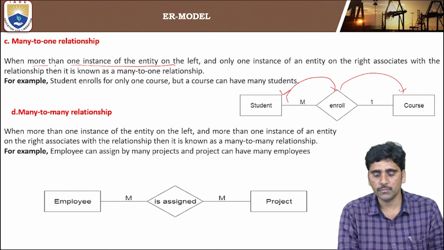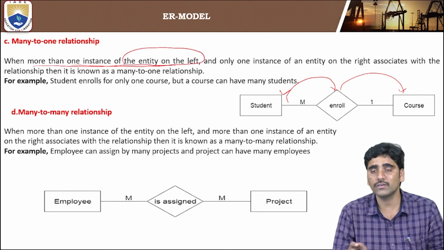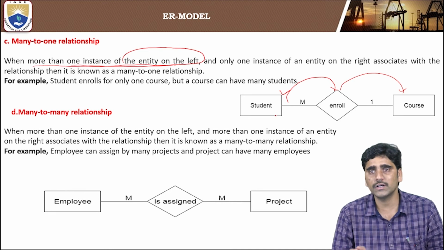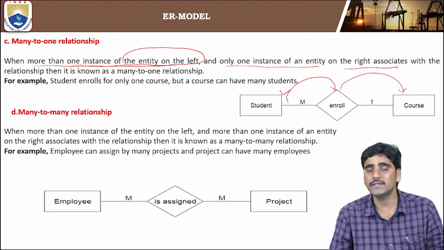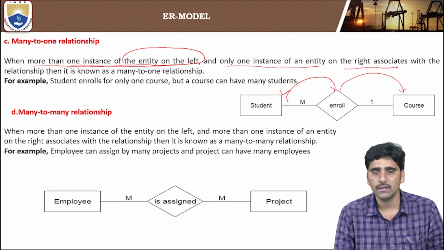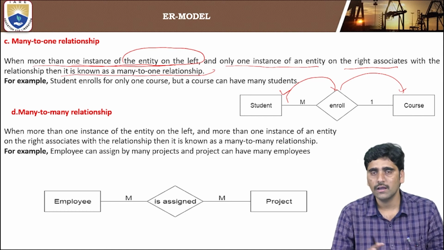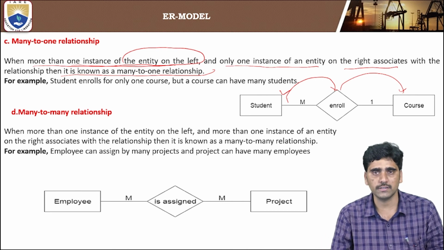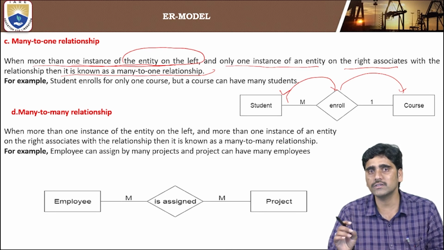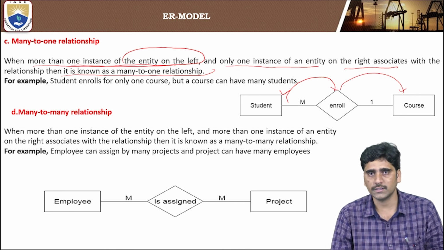So see here, when there is more than one instance of an entity on the left side, that is nothing but the student side, and only one instance of an entity on the right associated with the relationship, then it is known as a many to one relationship. From the left side many instances and on the right side only one instance. Those many instances are related with a single instance. So then it is said to be many to one.